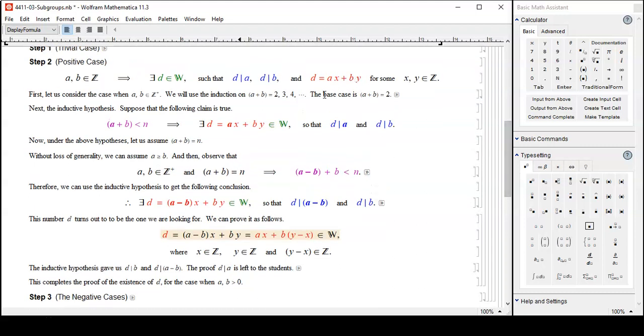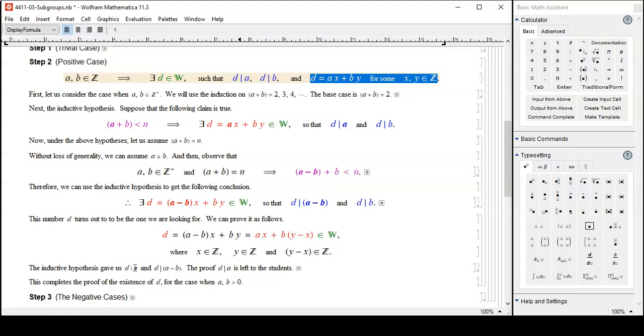So if we wanted this red, we have it. And then it's the same number d, so it's a whole number, of course. So we have green and red. Remember, x is an integer, y is an integer, so y minus x is an integer as well. So it's a times an integer plus b times an integer. So it's this form. Yes, we have red and green.